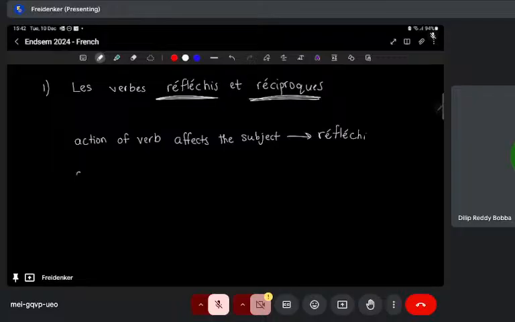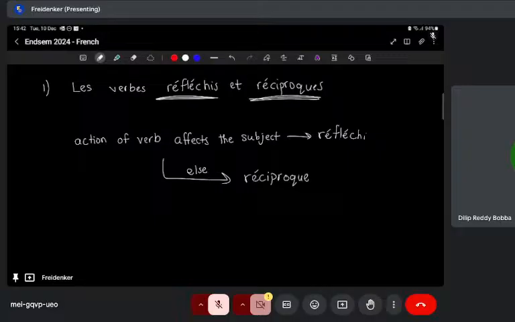If this is not satisfied, then it is réciproque. Réciproque means, let's say two people are talking to each other, so that is reciprocal. They're reciprocating the action of talking. Réfléchi is you're talking to yourself, so that is reflexive. So you have two kinds of verbs, but they look the same way.